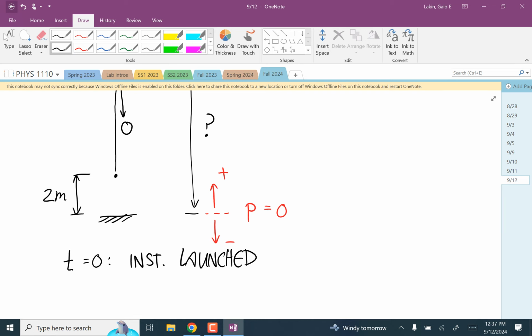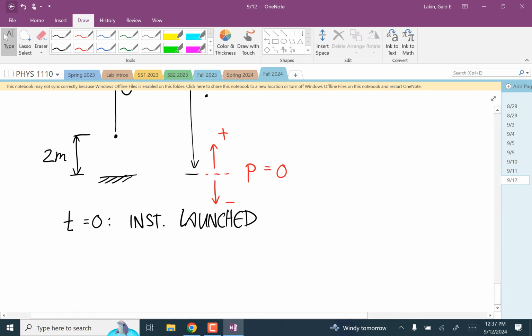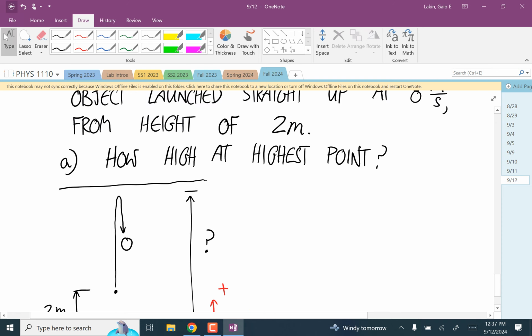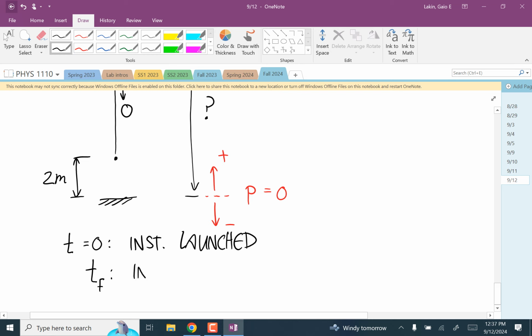Well, when it reaches the highest point, that's right. You're always choosing it based on where you're given information and where you're trying to find information. For part A, it asks us something about the highest point, so that has to be one of those two instants. So time final is the instant it reaches the highest point.